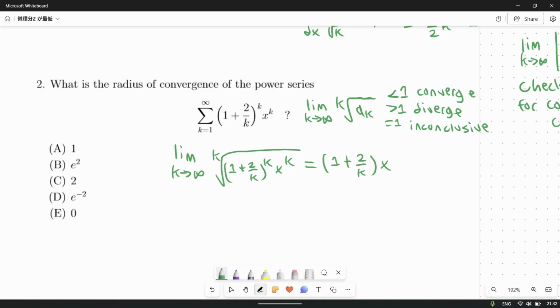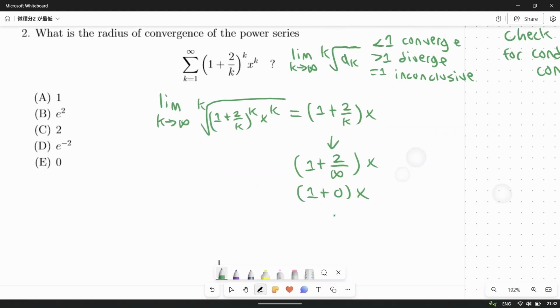Evaluating this limit, the only k term we have is here, and that's a bottom heavy fraction, so this limit is just going to turn into 1 plus 2 over infinity times x, which equals 1 plus 0 times x, and that simplifies to x.